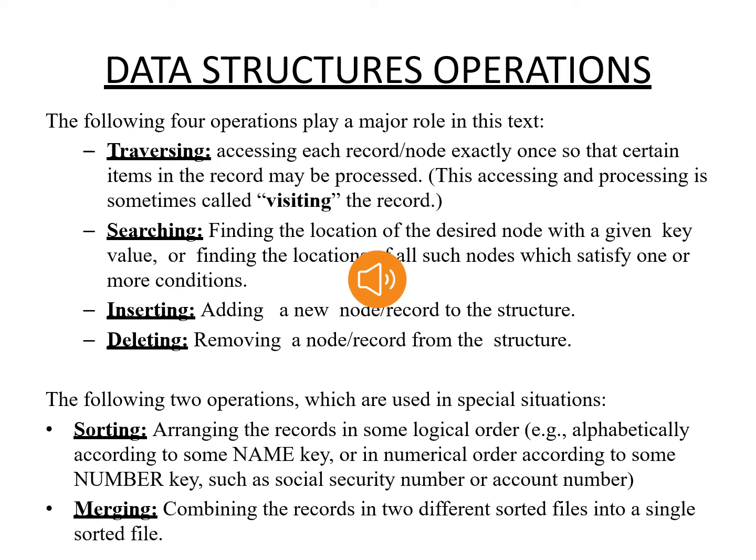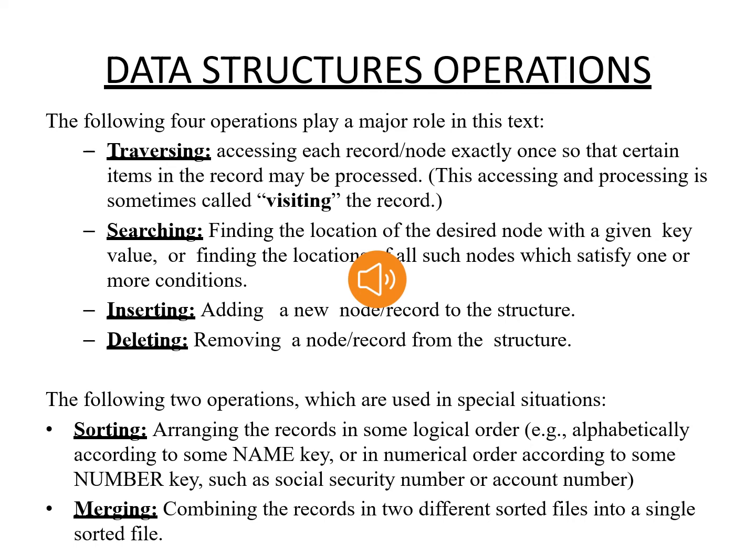The first 4 are the major operations: traversing, searching, inserting and deleting. The next 2 are special operations: sorting and merging. We already know the meaning of sorting: arranging records in some logical order, either ascending or descending. Merging means we combine any two.